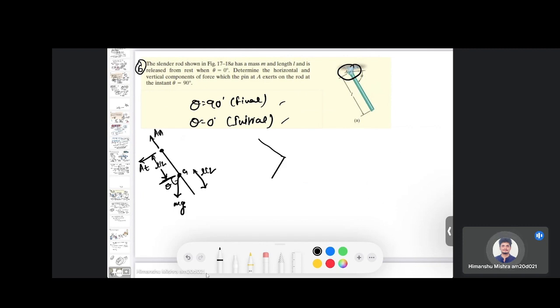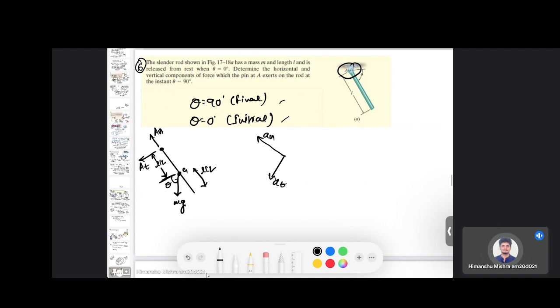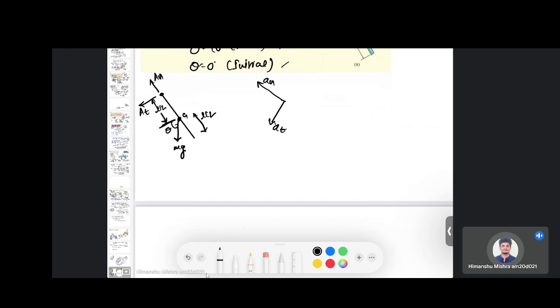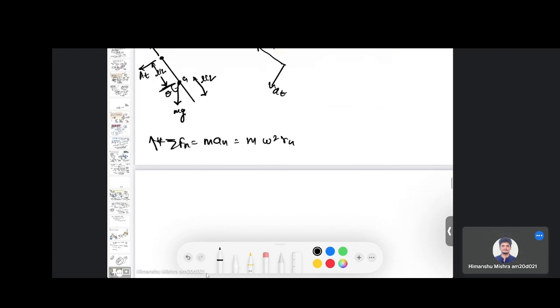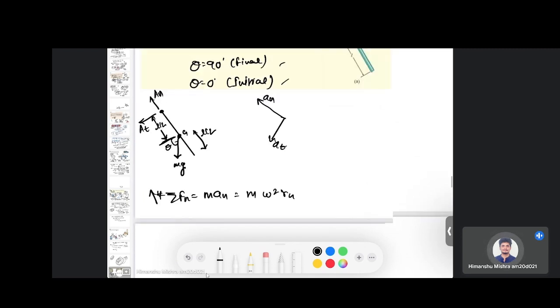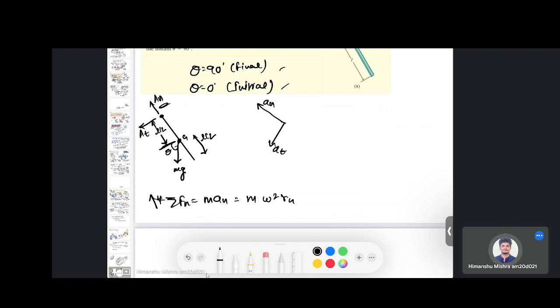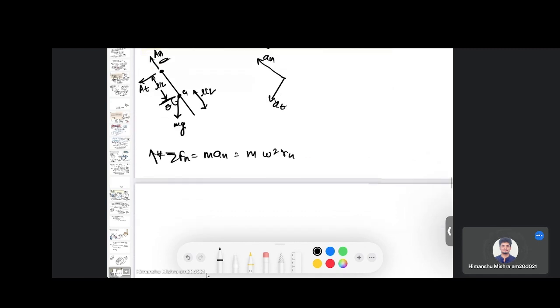And you know that in the normal and tangential direction you will have tangential component as well as normal component of acceleration. So if you do the force balance analysis in the normal direction, it will be equal to m a in the normal direction. We have acceleration in the normal direction, so it will be m omega square r_G. So what are the forces acting in the normal direction?